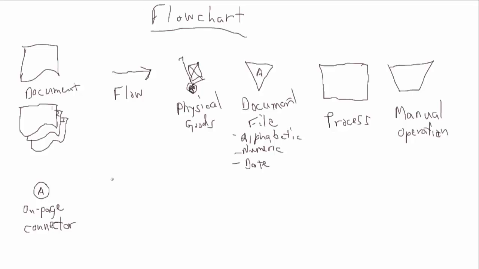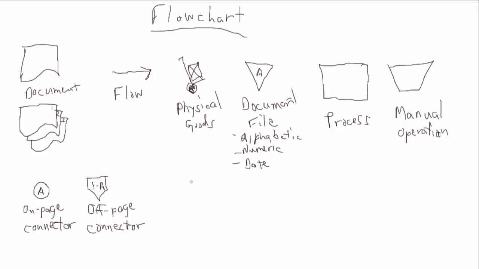Now, you may also have connectors that go off page, and I call that a home plate shape. So the off page connector will typically be labeled with a number, and sometimes even a number and a letter, especially if you have multiple connectors that go to the same off page.